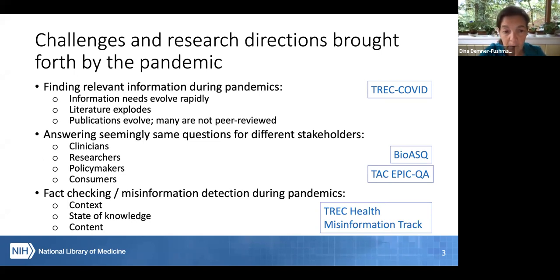But also one of my special interests is providing information to patients, to the public. And we wanted to see whether the same systems work, or maybe we need different approaches. So that was an open question. What do we need to do for these two distinct levels of expertise? And that was the goal of the Text Analysis Conference Challenge, Epidemic Question Answering.